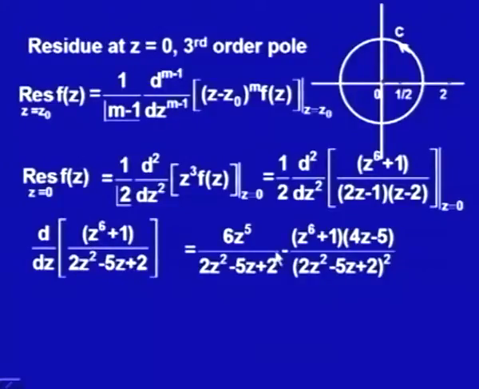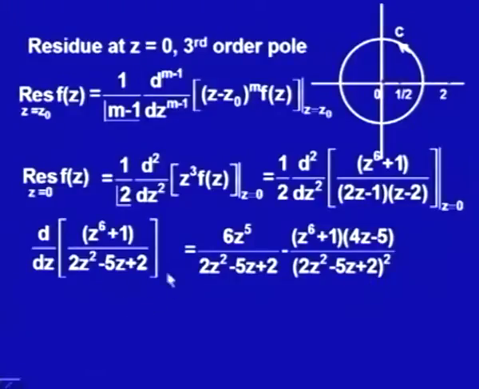So, that is why it is minus upon 2 z square minus 5 z plus 2 whole square, and the derivative of this is 4 z minus 5, that will come in the numerator. So, we have got 6 z to the power 5 upon 2 z square minus 5 z plus 2 minus z to the power 6 plus 1 into 4 z minus 5 upon 2 z square minus 5 z plus 2 whole square. This is the first derivative.